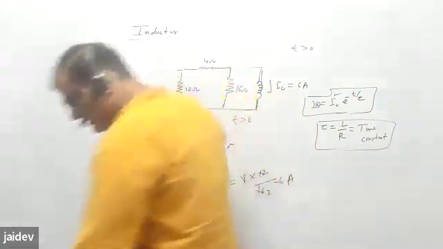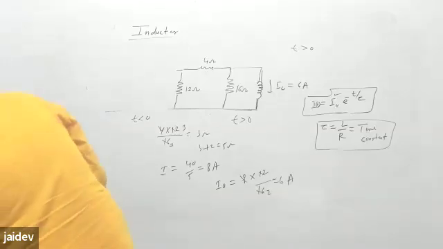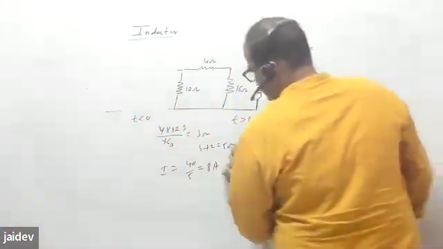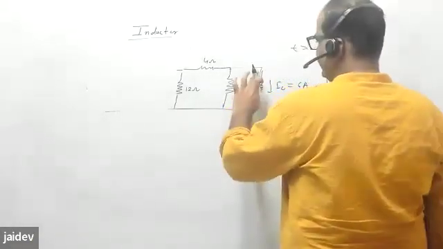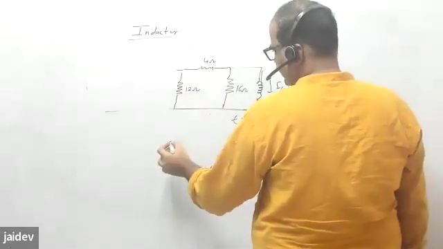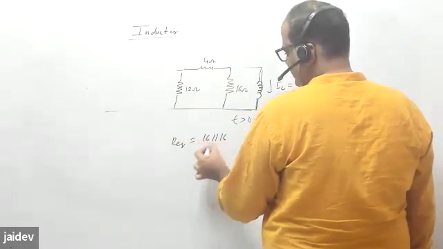And now find I(t). Find the R equivalent. R equivalent will be the resistance across this one. So this is 16, 16. R equivalent will be 16 parallel to 16, that is 8 ohm.